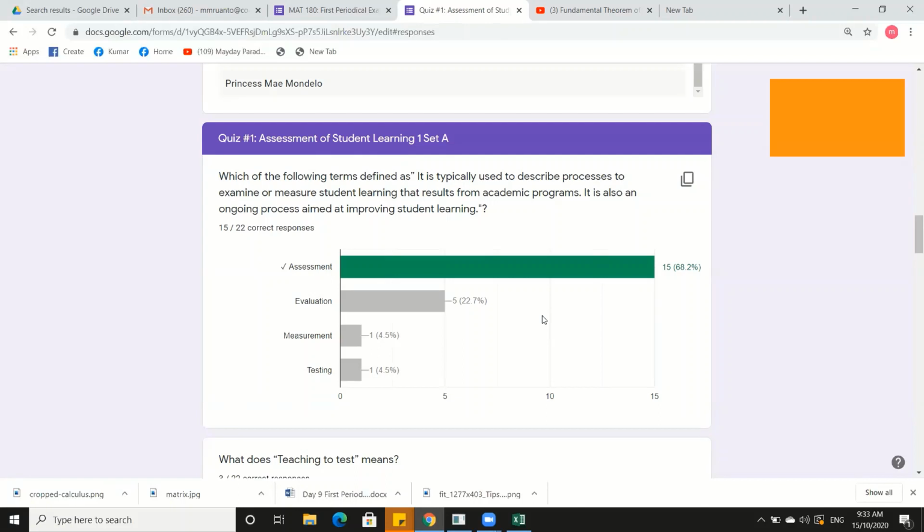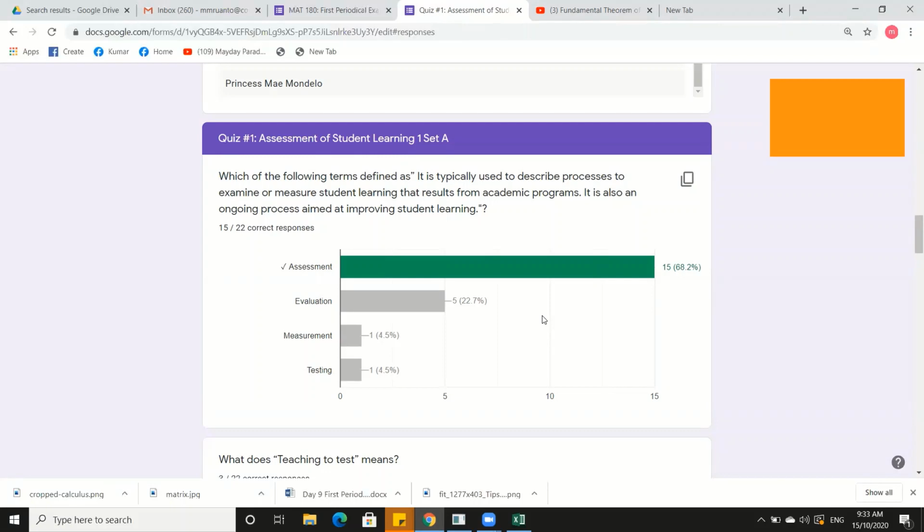Okay, it says here, which of the following terms is typically used to describe processes to examine or measure student learning that results from academic programs. It is also an ongoing process aimed at improving student learning.